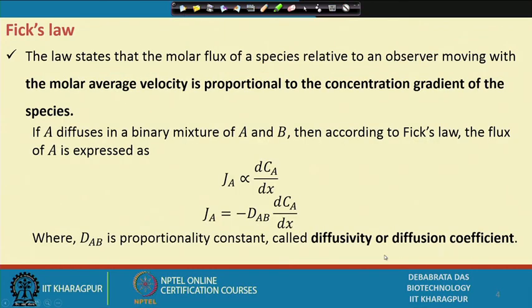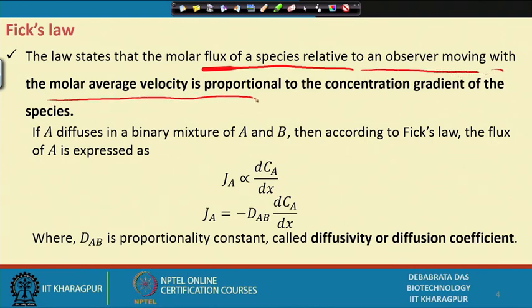Now Fick's law, we know, is used for explaining how this mass transfer takes place. The law states that the molecular flux of a species relative to an observer moving with molar average velocity is proportional to the concentration gradient of the species.